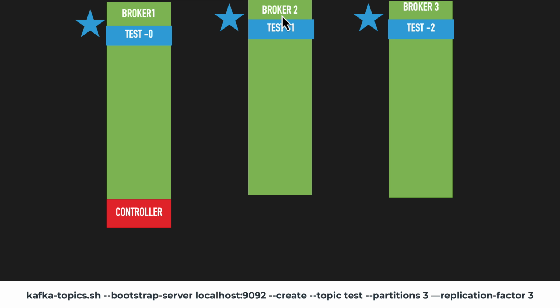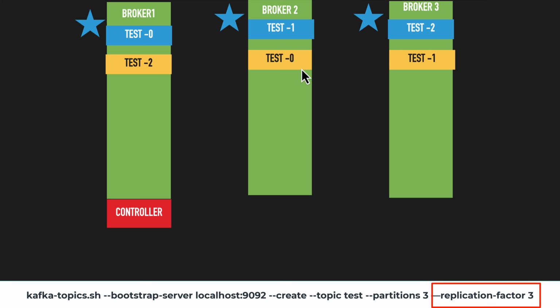And then there are 3 replicas, so 2 more copies of each partition need to be created. Let's say here goes the test 0 partition, test 1 partition, test 2 partition. And these are the replicas of these partitions. The replication factor, let's say, is 3. So another copy of test 0, test 1 and test 2 has been created over here inside the brokers.